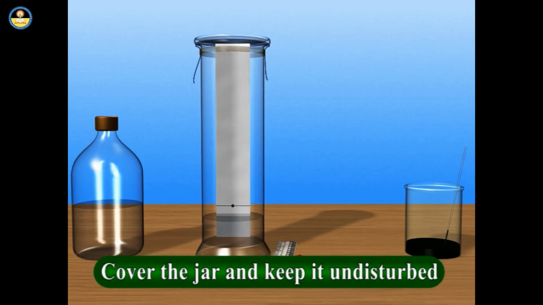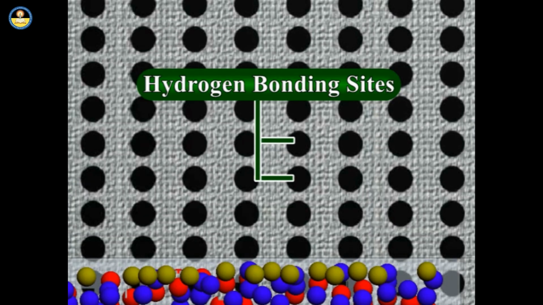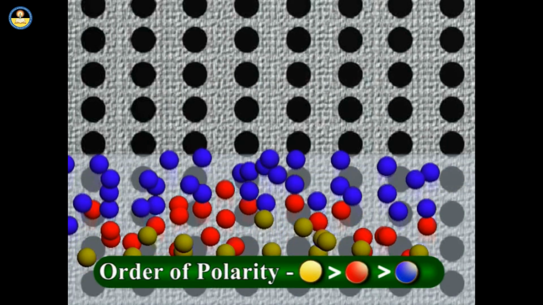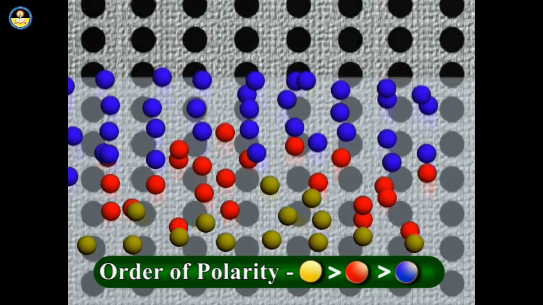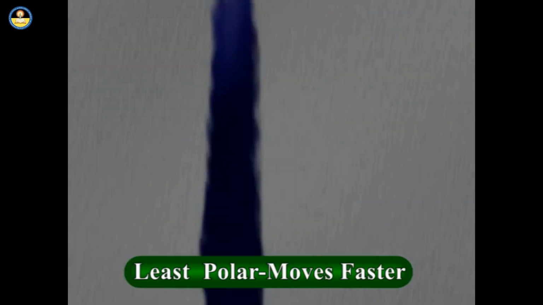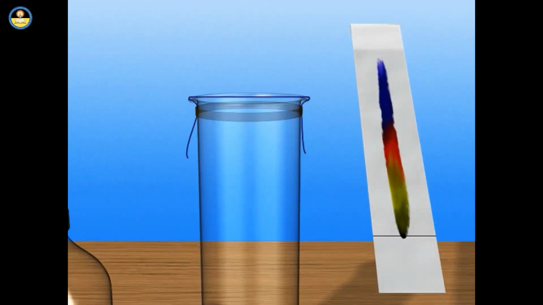Watch carefully as the water rises up on the filter paper. As the water rises up, it will take the different dyes of the black ink along with it. After some time, we will see different colored spots at different heights on the filter paper. It shows that black ink consists of a mixture of colored dyes.